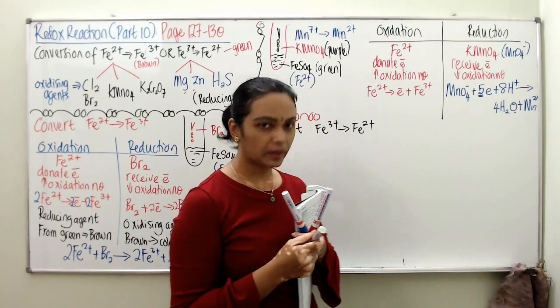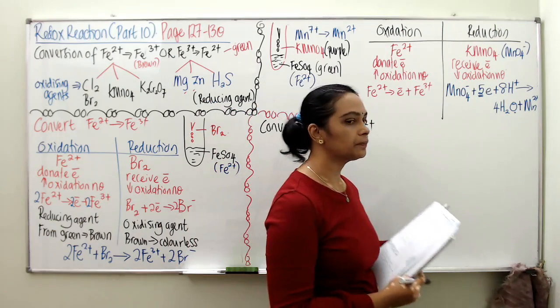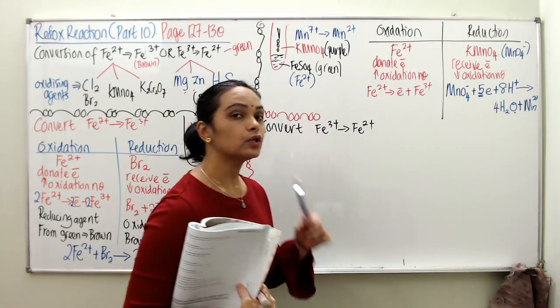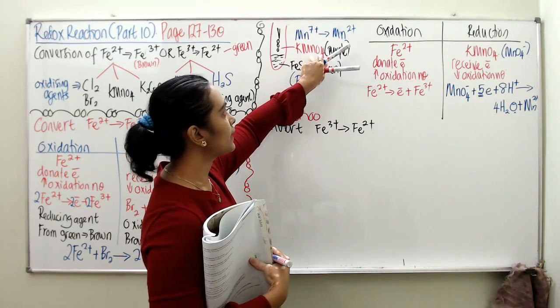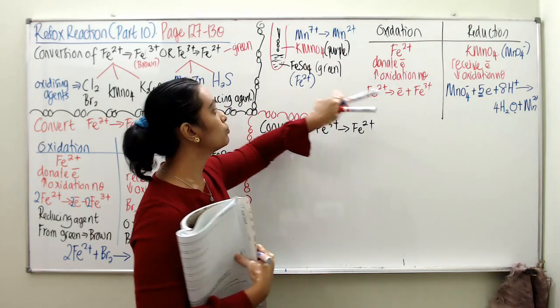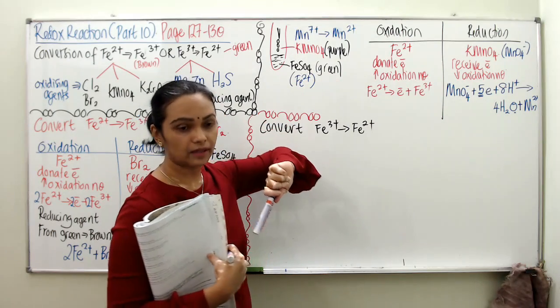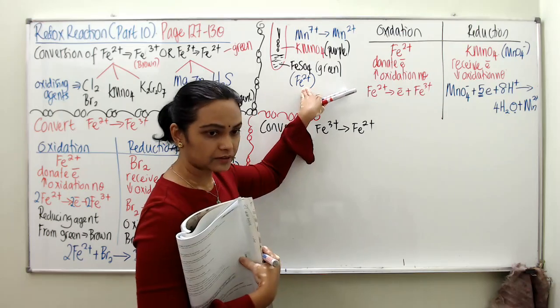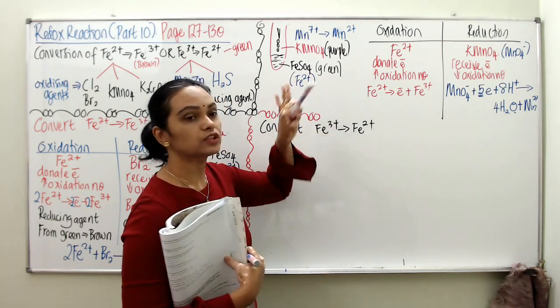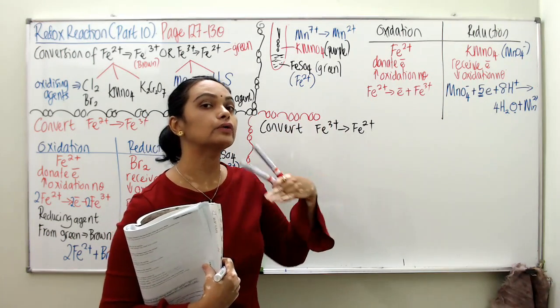Allow me to repeat this slowly. Please remember that when you are trying to convert iron 2 ion into iron 3 ion, the substance Fe2+ has no other choice but to convert into Fe3+.